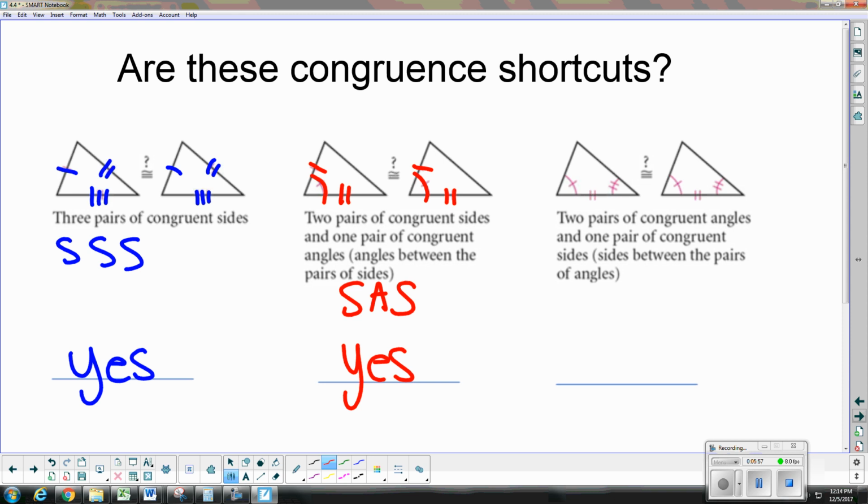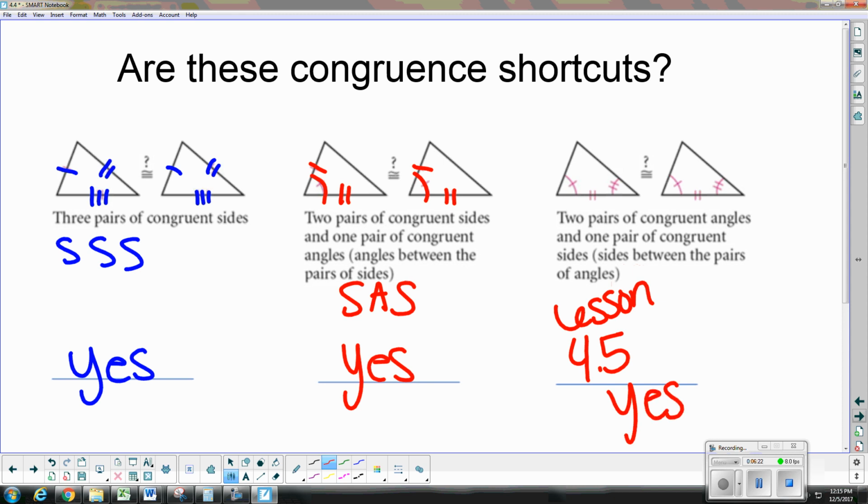And then the third one, 2 pairs of congruent angles and 1 pair of congruent sides between the pair of angles. So this deals with an included side, and we'll talk about this next lesson, lesson 4.5. But yes, this will also be true.